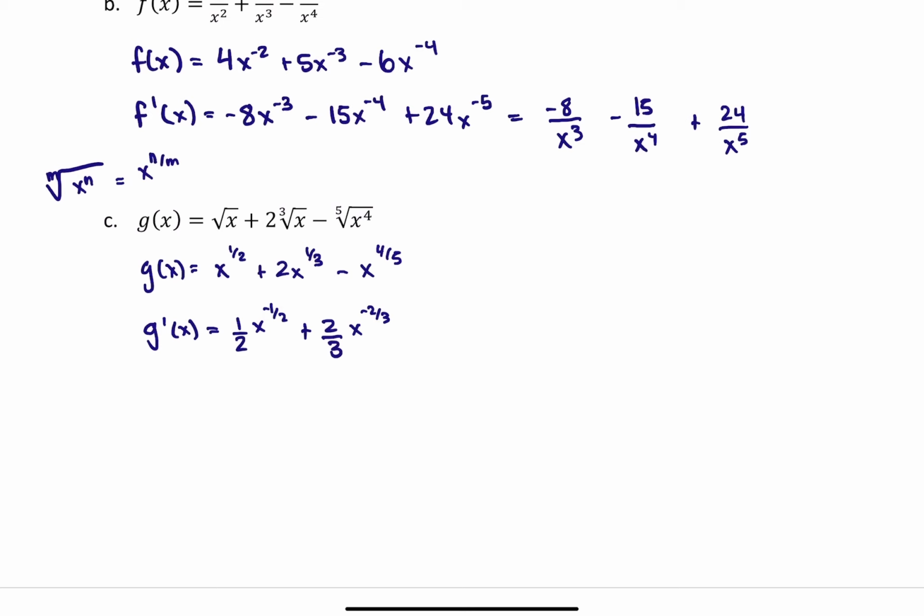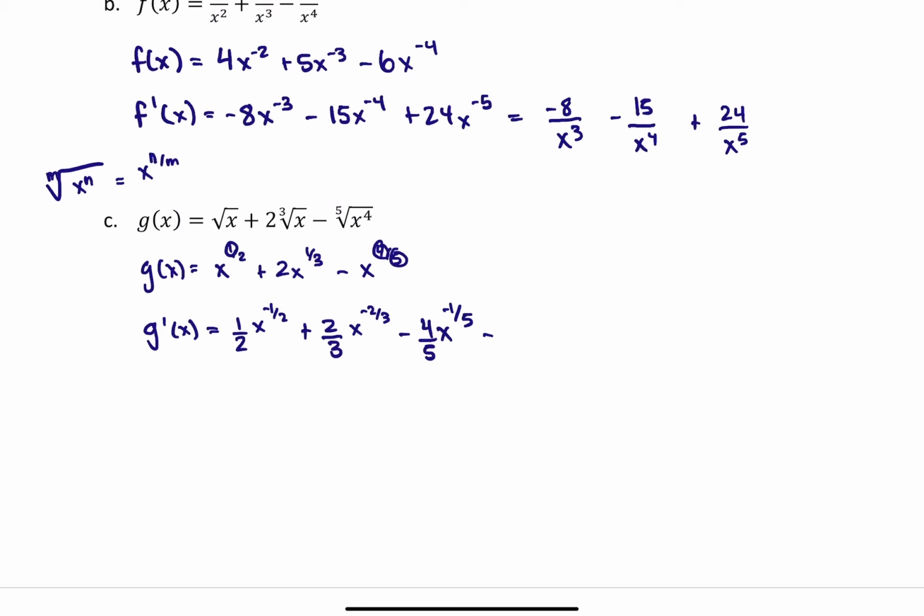For my people who struggle with fractions, the denominator is never going to change. All you really have to do is subtract the top number from the bottom numbers. So like 1 minus 3, that's going to be negative 2. And then minus 4/5, and then 4 minus 5, that's going to be negative 1. And you never change the bottom number. I'm sorry, I forgot my x. So negative 4/5 x to the negative 1/5.